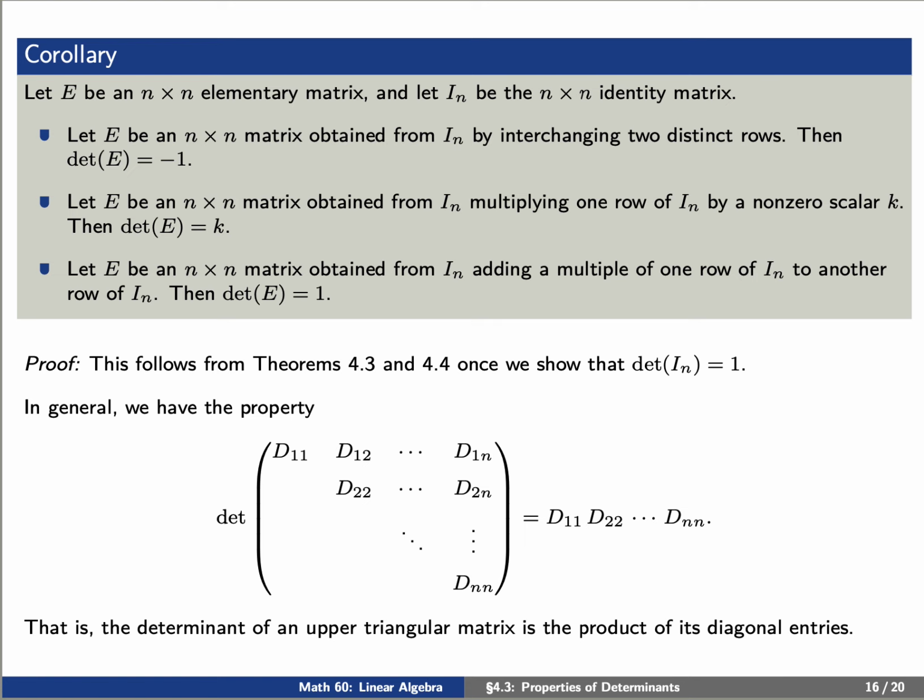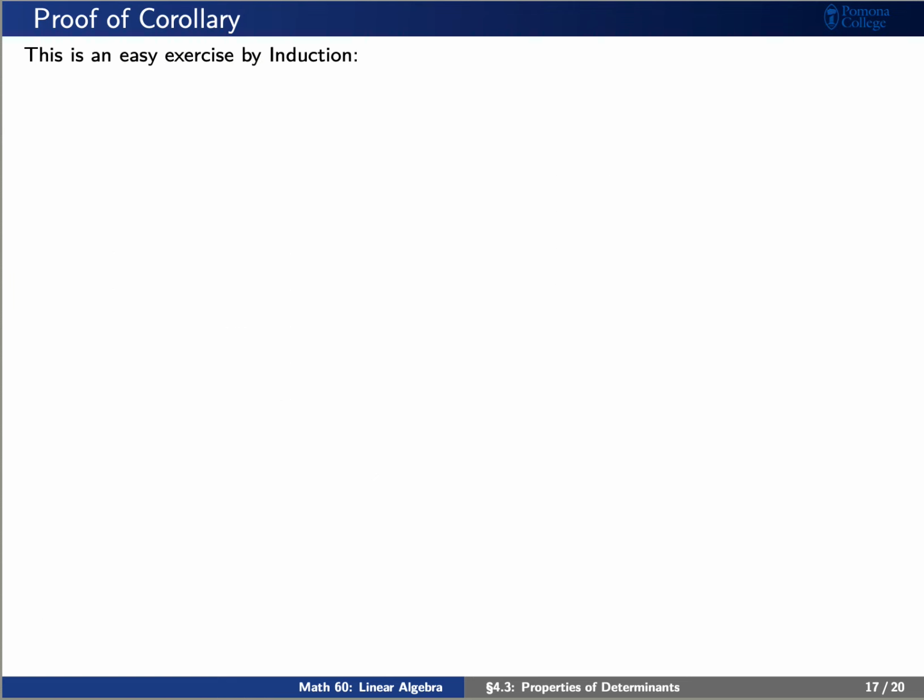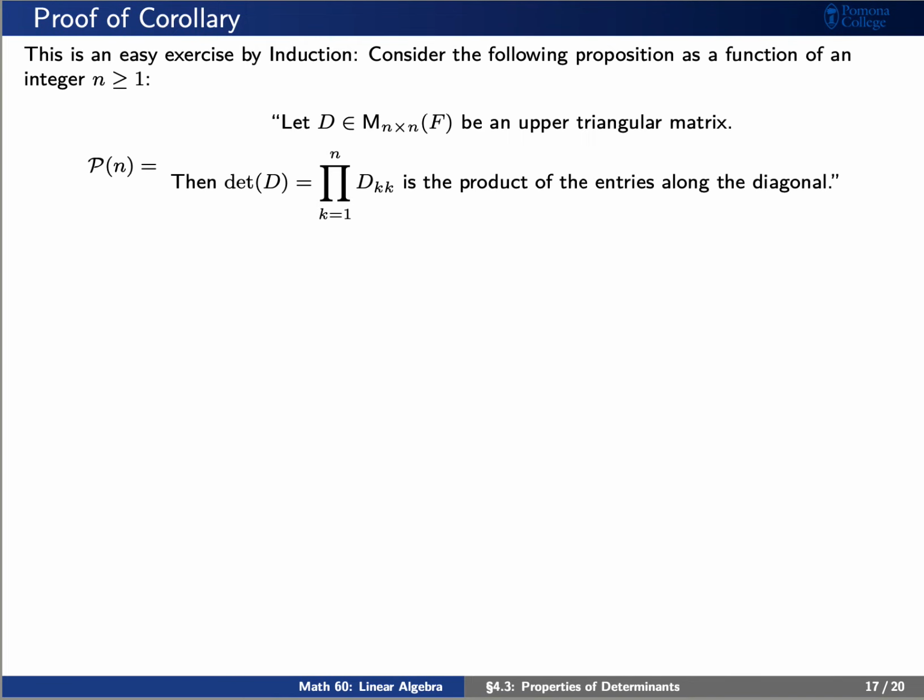Here the diagonal entries are the elements d11, d22, all the way down to d sub nn. We're going to prove this by induction. So let's consider the following statement as a function of an integer n. Let D be an n by n upper triangular matrix. Then the determinant of D is the product of the entries along the diagonal.